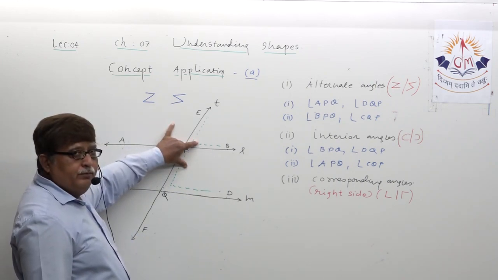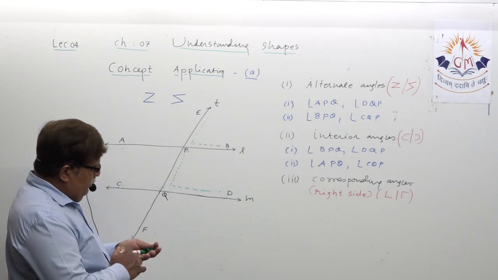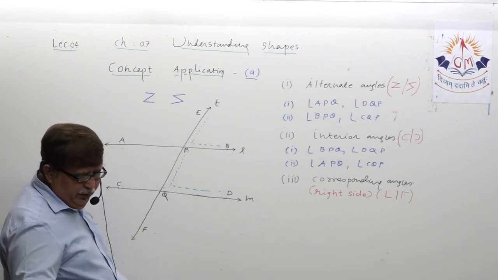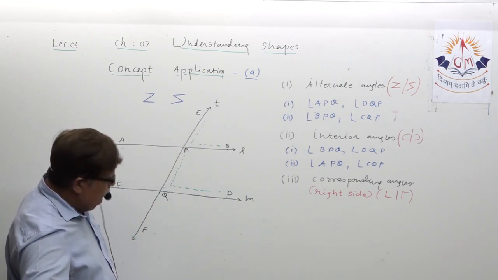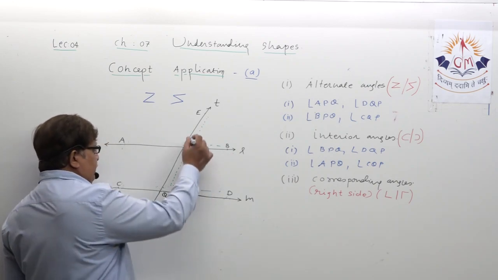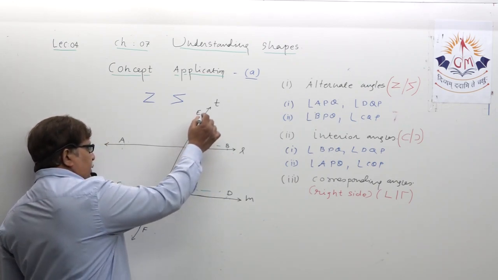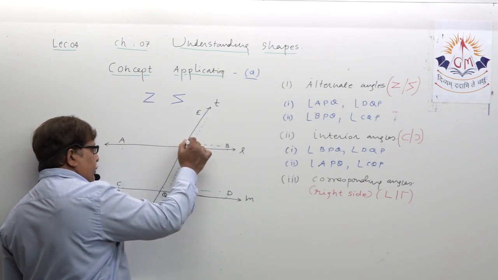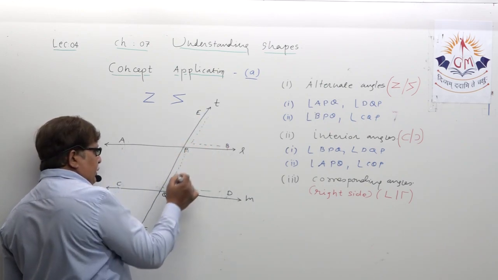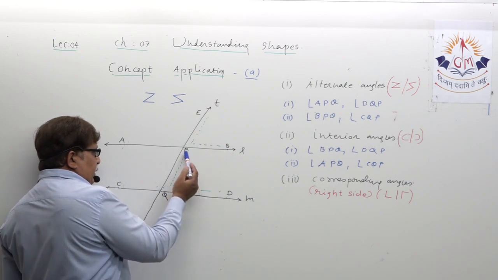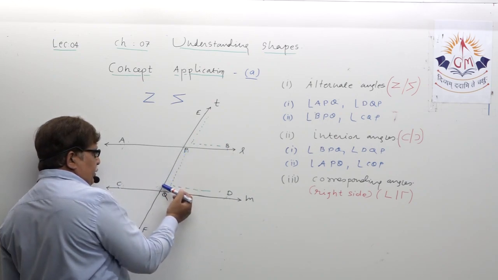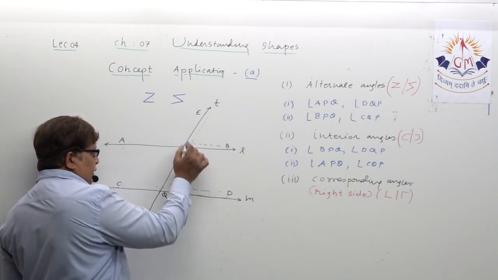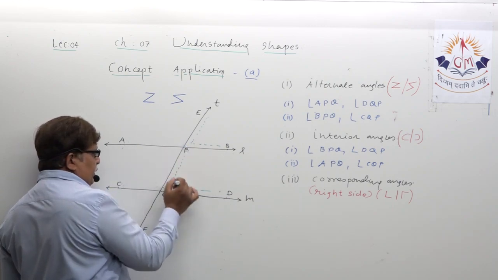Two Ls. Can you name the pair of angles? Name this. Angle EPB. Name this. Angle PQD. You got this first L?